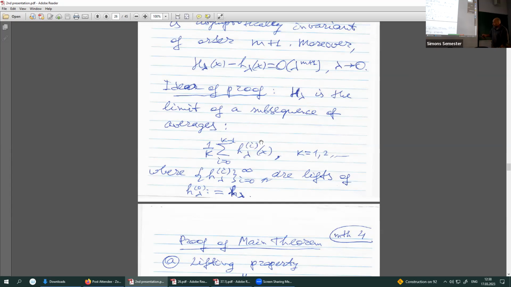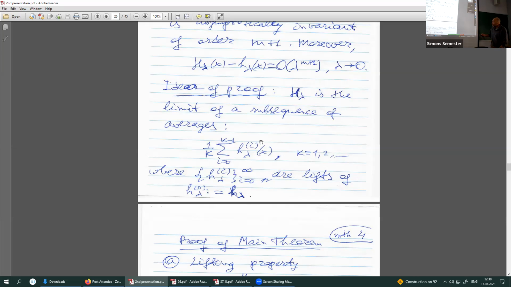Hence, the averages have some limit point. The claim is that any such limit point is asymptotically invariant of order m plus 1 already. So there is one more term in the Taylor expansion, in the power series expansion, that disappears for this limit of these averages.